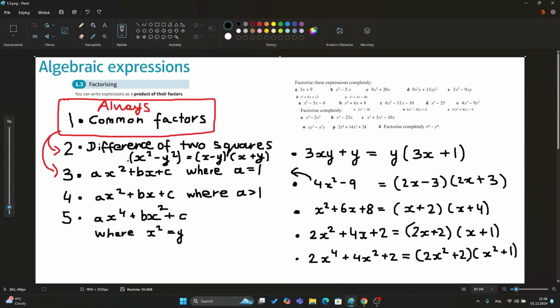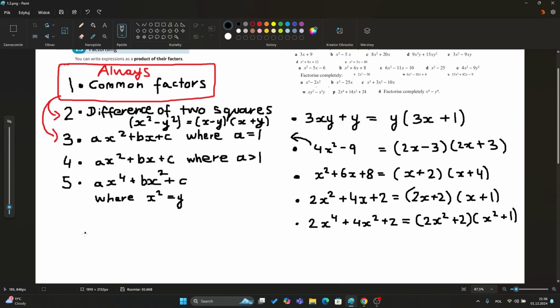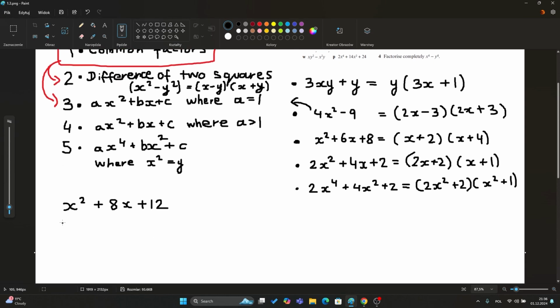Now we will go to the form of ax squared plus bx plus c before the difference of two squares. Now x squared plus 8x plus 12 is in the form of ax squared plus bx plus c, where a is equal to 1.